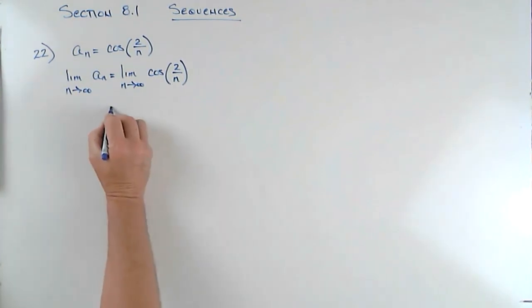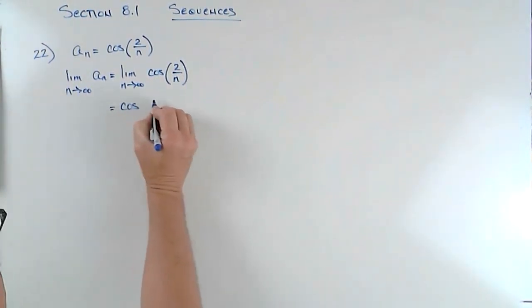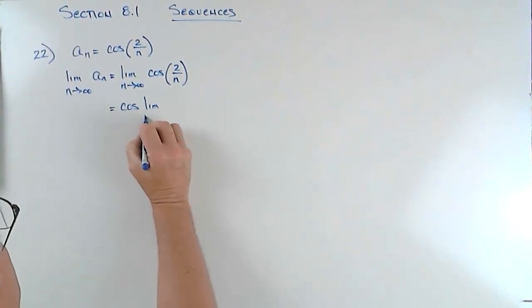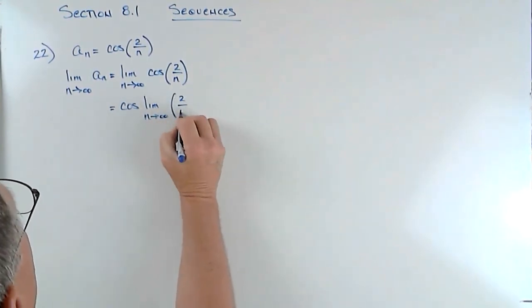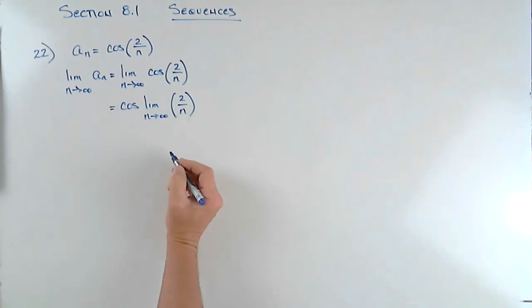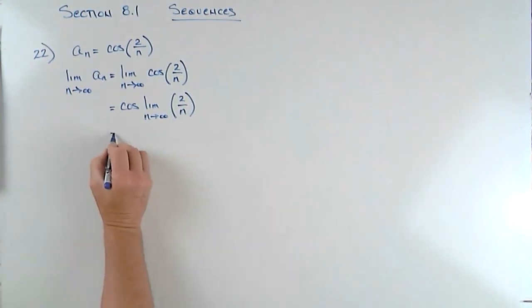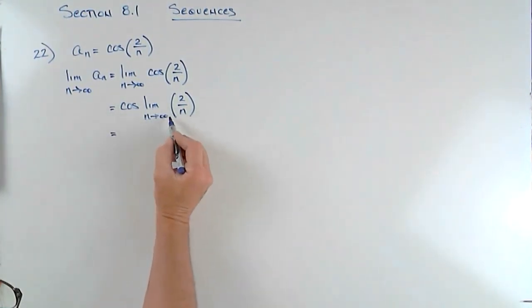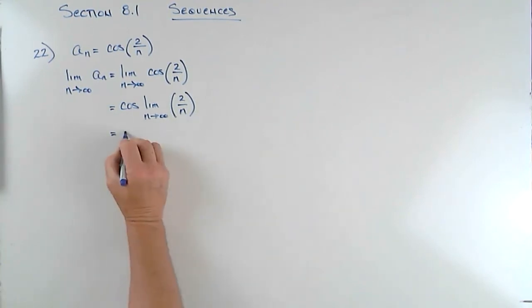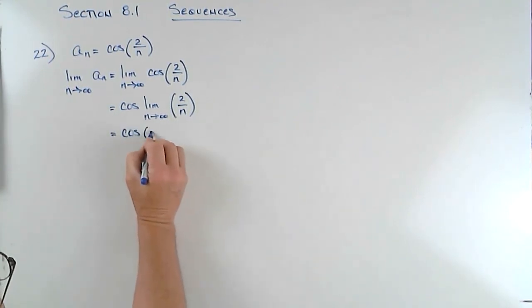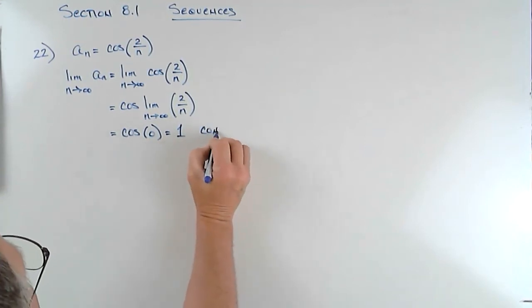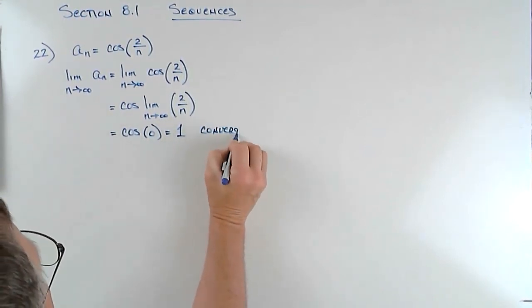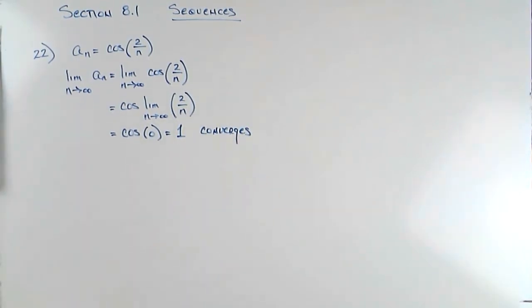Now, we can rewrite this as cosine of the limit as n approaches infinity of 2 over n, because cosine is a continuous function. And that gets us the limit as n goes to infinity of 2 over n is 0. That gets us cosine of 0, and that equals 1. So this converges, and it converges to 1.